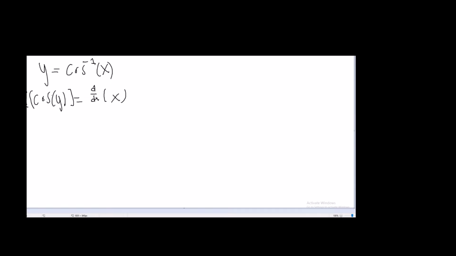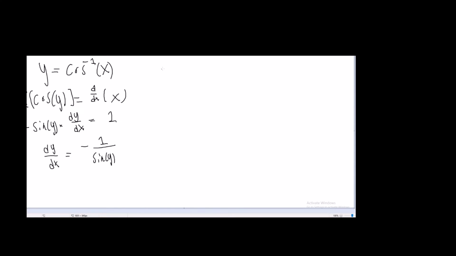The derivative of cosine of y is minus sine of y multiplied by dy/dx, which is equal to 1. Now you can divide both sides by negative sine of y, and we have that dy/dx is equivalent to negative 1 over sine of y.